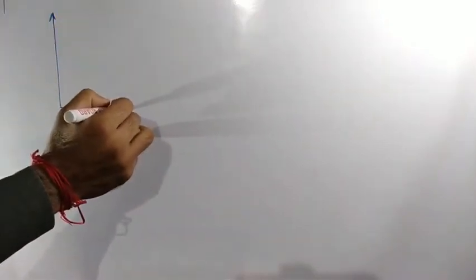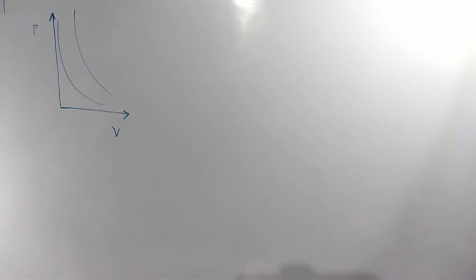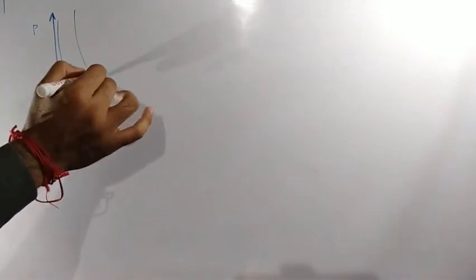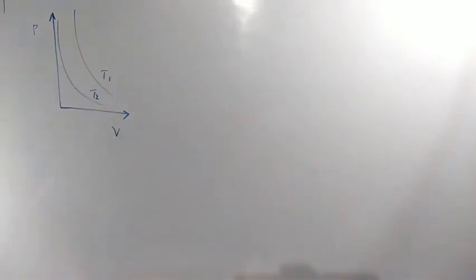If the same mass of gas is there and they have given a PV diagram for two temperatures, one temperature is this, they call it T1, and this one they call T2. They give you 4 options here.